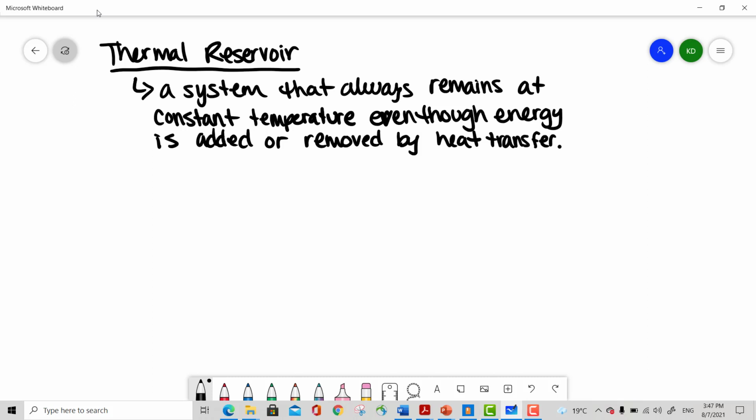Let's read that again. A thermal reservoir is a system that always remains at constant temperature even though energy is added or removed by heat transfer.